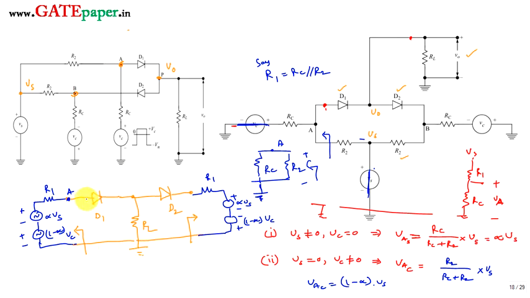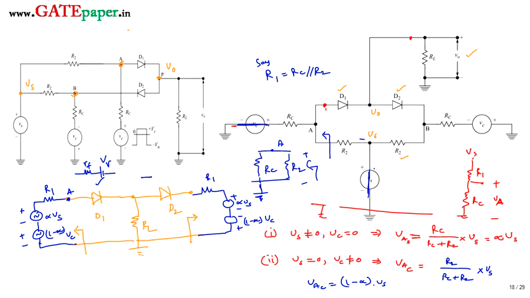In the latter stage I am going to replace the diode with its equivalent model, which is nothing but a resistor and voltage combination, the piecewise linear model of the diode. The diode can be replaced with its forward resistance along with the cut-in voltage. This is V gamma and this is RF.